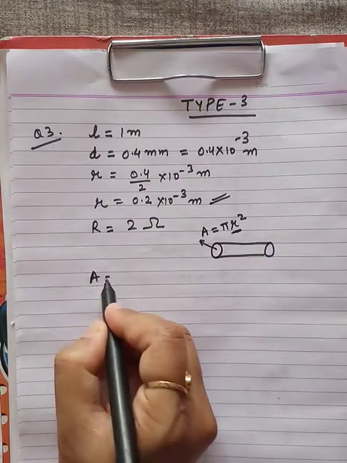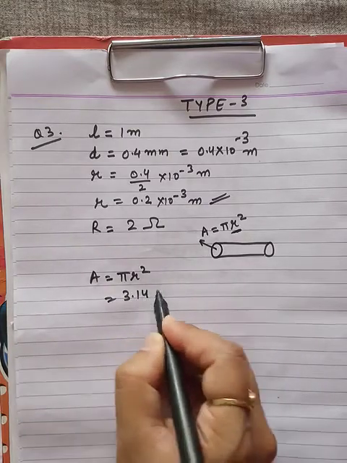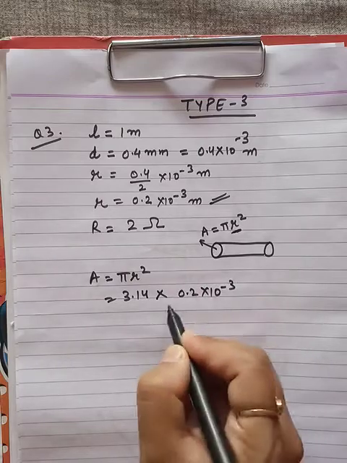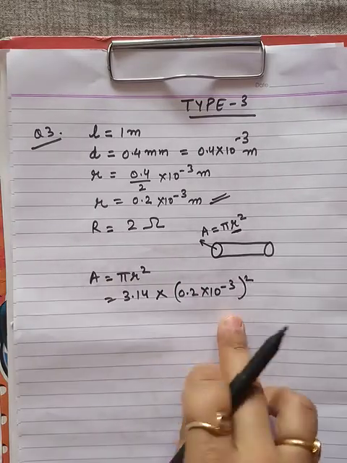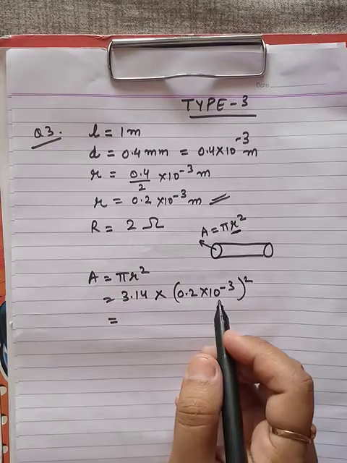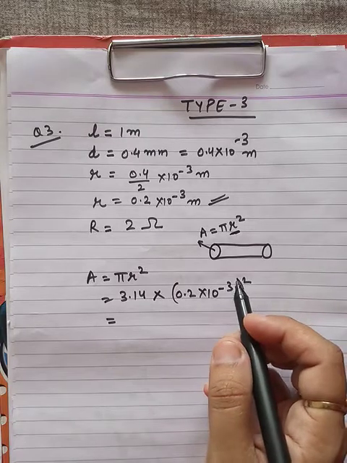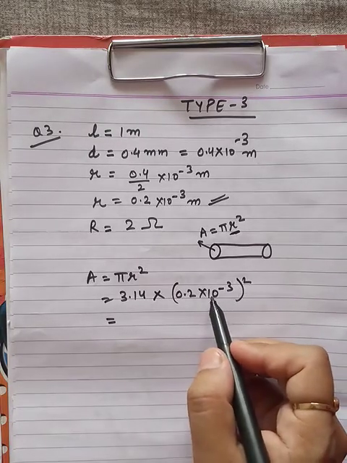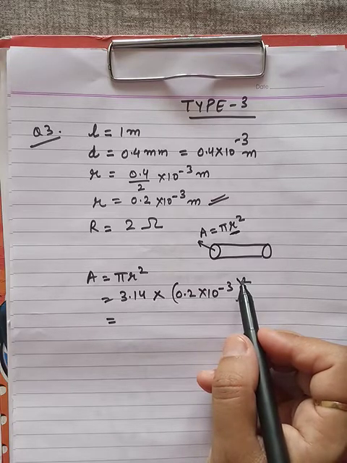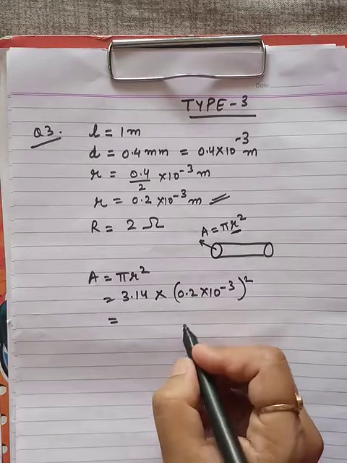So first of all, we will find the area, that is pi r square, 3.14 multiplied by r, which is 0.2 multiplied by 10 raised to power minus 3, whole square. Remember to make it square. To solve this, remember the same method: the power of 10 has to be solved first and written down separately.